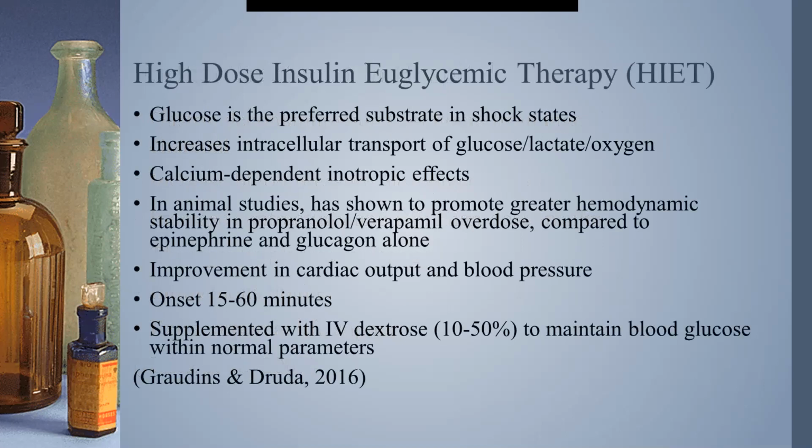So just talking briefly about high-dose insulin euglycemic therapy, another proposed treatment. Glucose is the preferred substrate used in shock states. Insulin increases the intracellular transport of glucose in addition to lactate and oxygen.